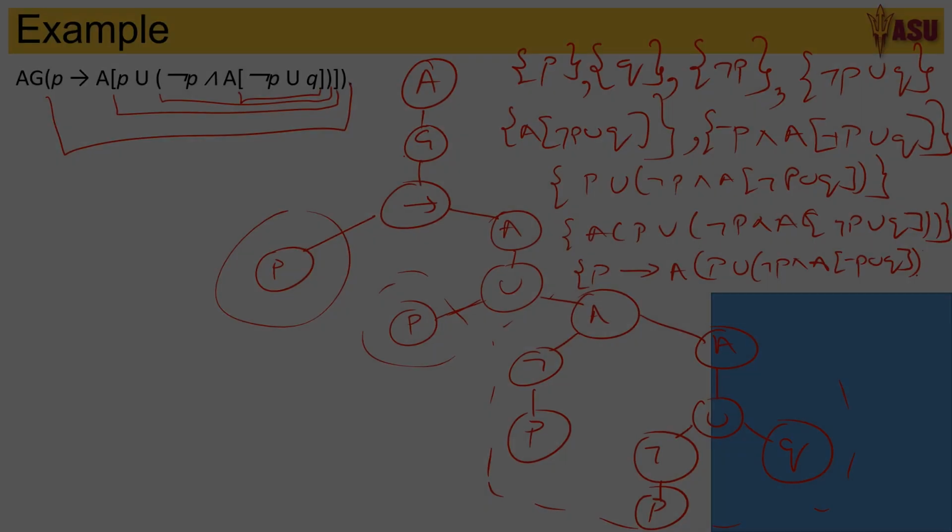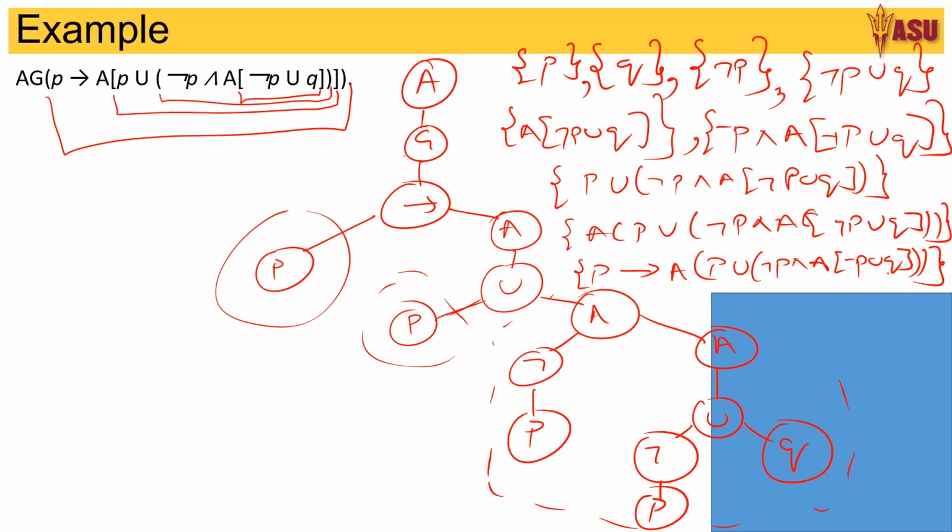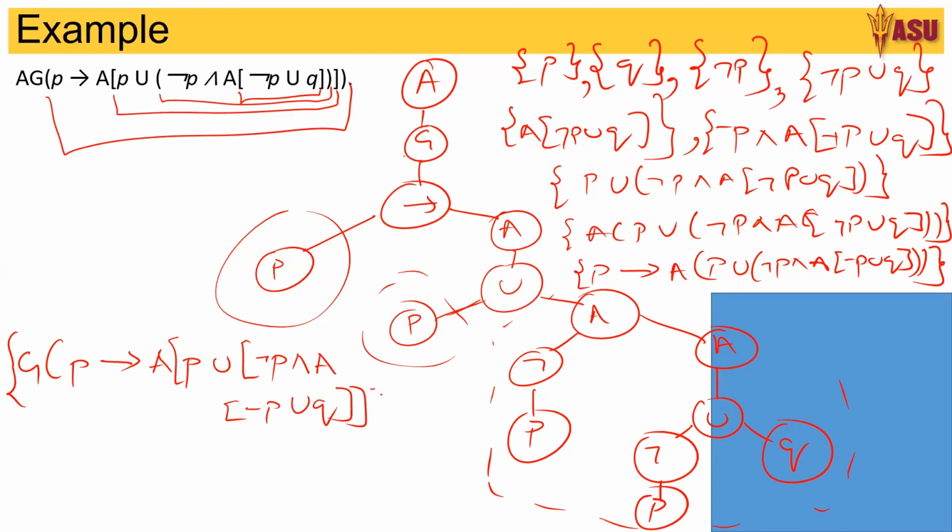So cutting it all short to the end and writing out the last bit of the formulas: globally, P implies all paths have a P until there is a not P, and all paths have a not P until Q. So these are all the subformulas for the given parse tree.